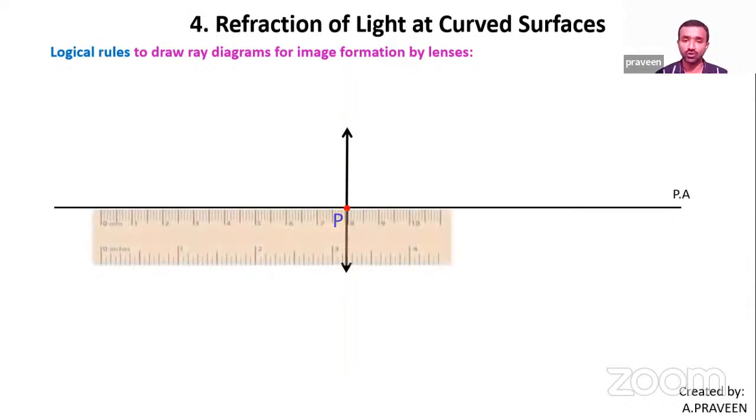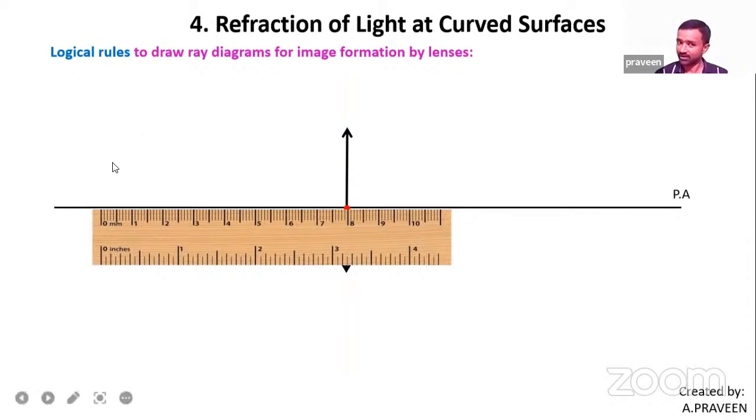Look at how the scale is placed. Pole to the center, I'm using 8 centimeters. So one pointer at 4 centimeters and one more pointer at 8 centimeters. Logically, pole to the focus is 4 centimeters and focus to the center is also 4 centimeters.